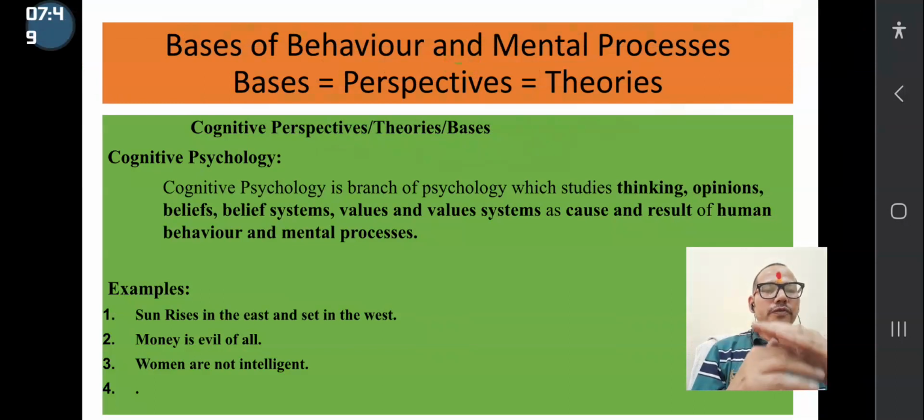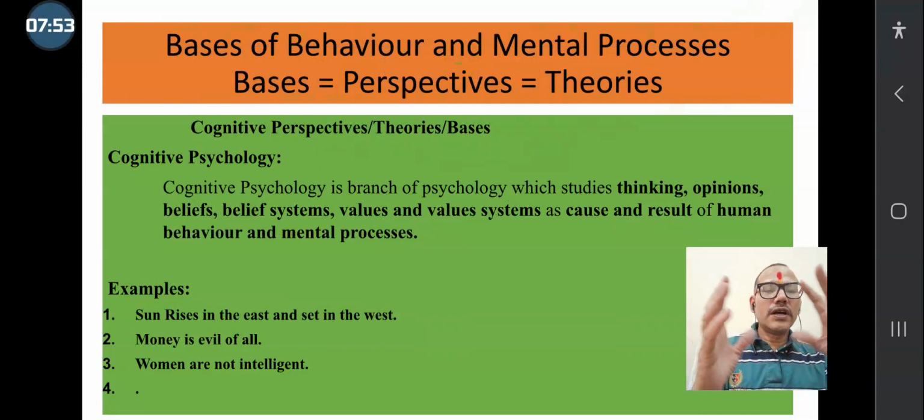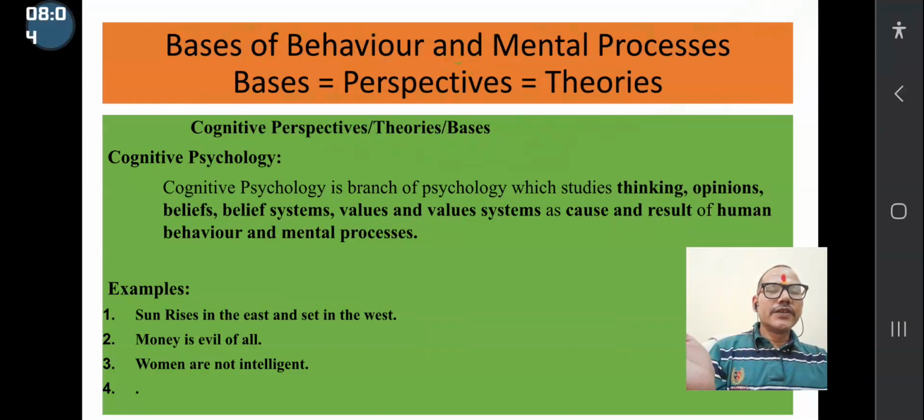So women, men, all are intelligent. There was another belief before 2010 that girls can't do better in maths and science, and after 2015 research, the belief was changed. So there are lots of beliefs which tend to change our behavior and change our mental processes.